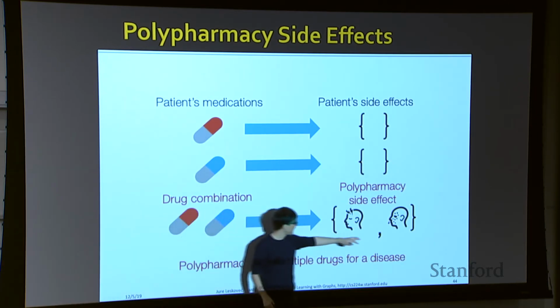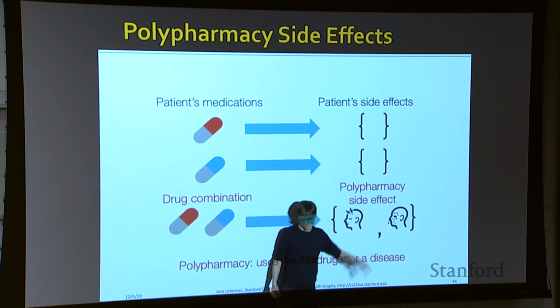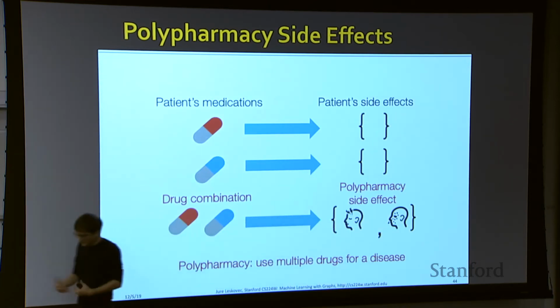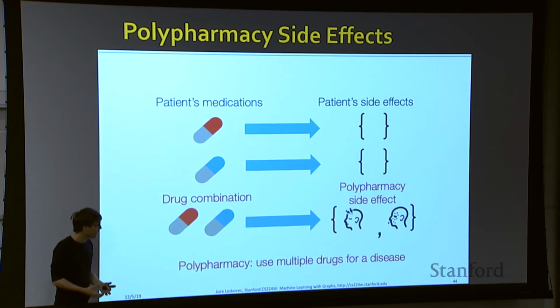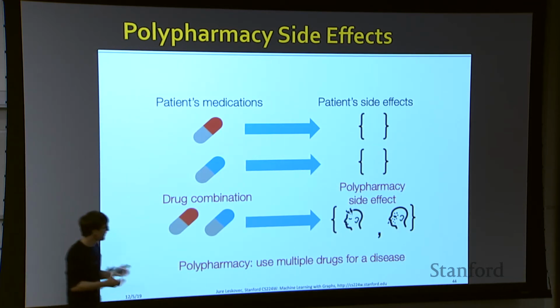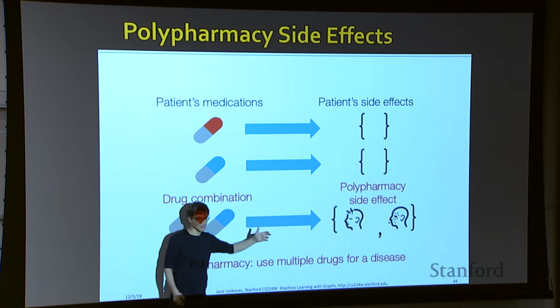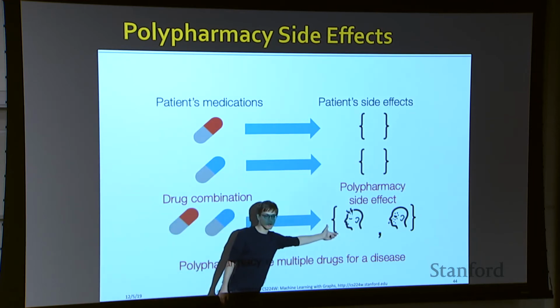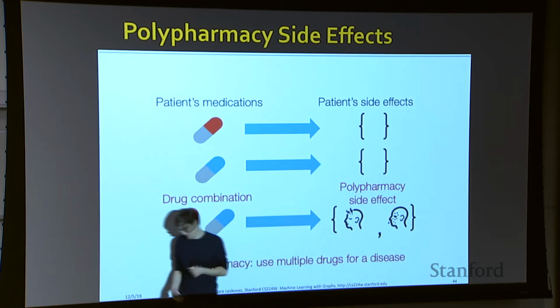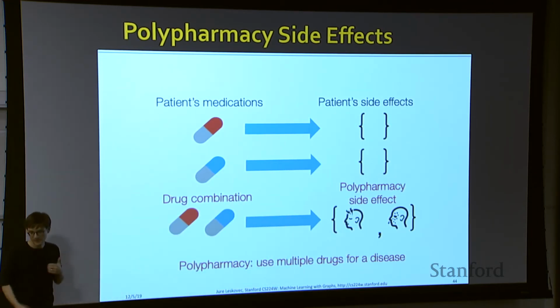If the patient complains, and if the doctor pays enough attention, the doctor would report this to the FDA. If enough doctors report, the FDA would add a line into some Excel spreadsheet saying, if you take this, this is going to happen this often. That's how we learn. So we kind of learn a trend.